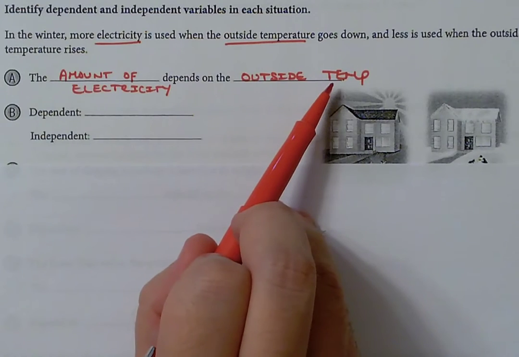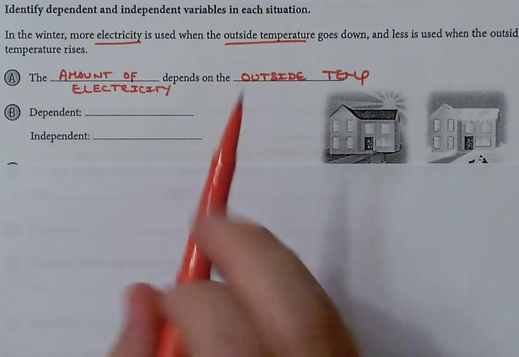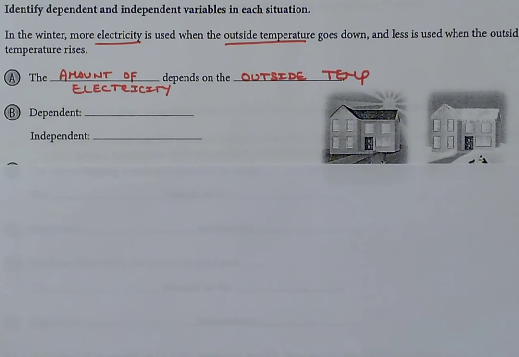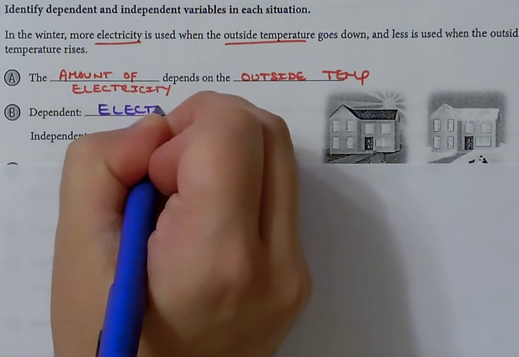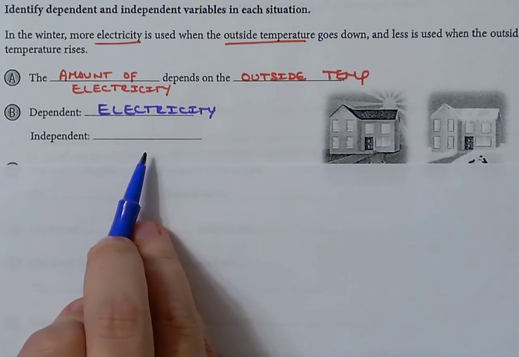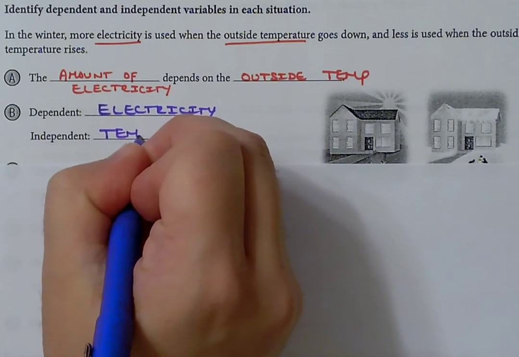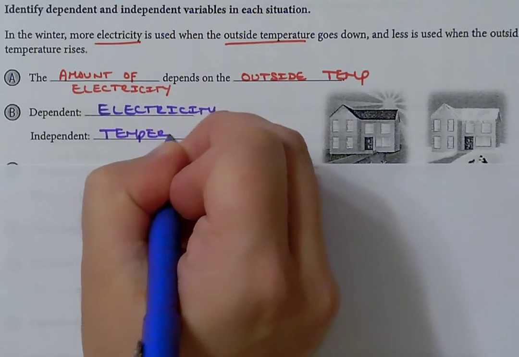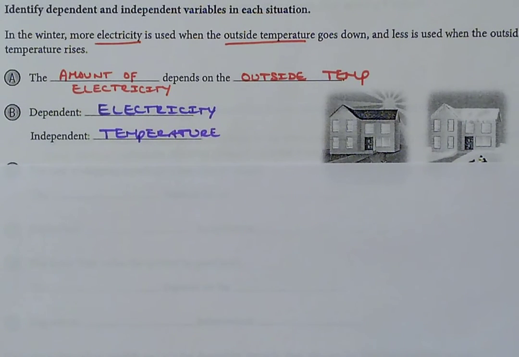Outside temperature doesn't depend on electricity, but electricity depends on outside temperature. So my dependent variable is electricity, and my independent variable is going to be the outside temperature. And that is how we're going to identify independent and dependent variables.